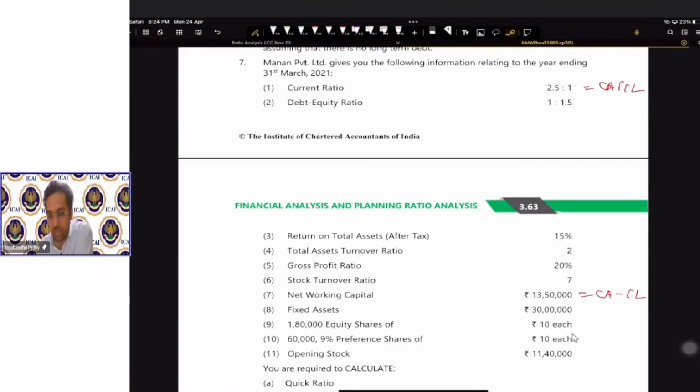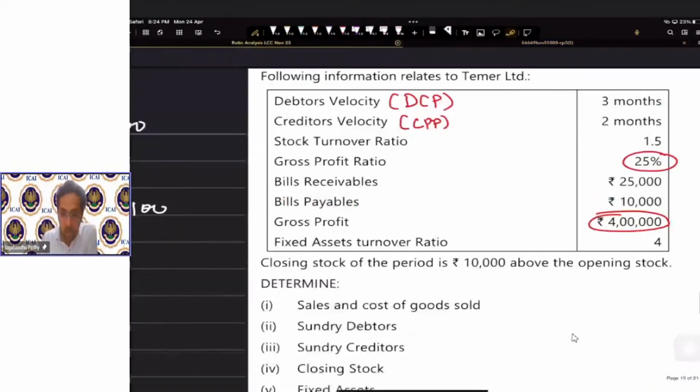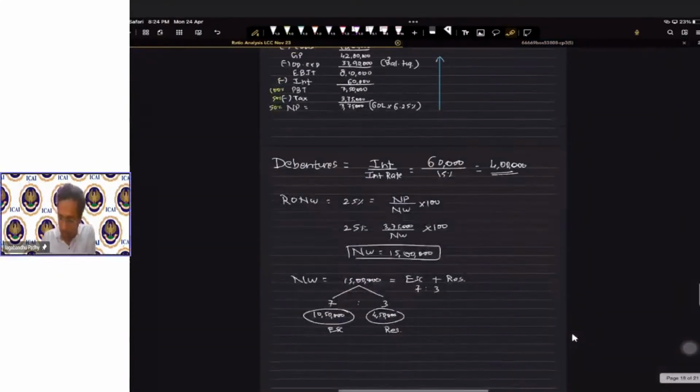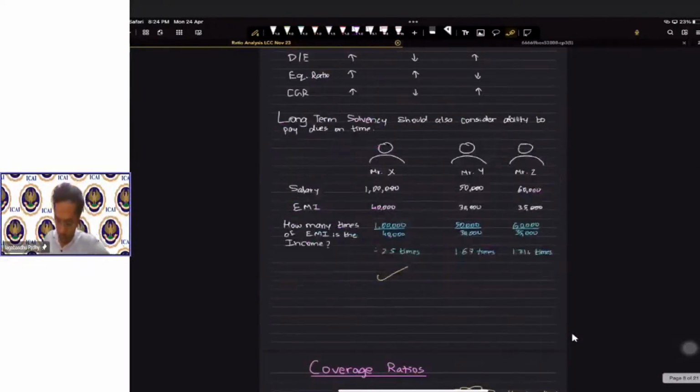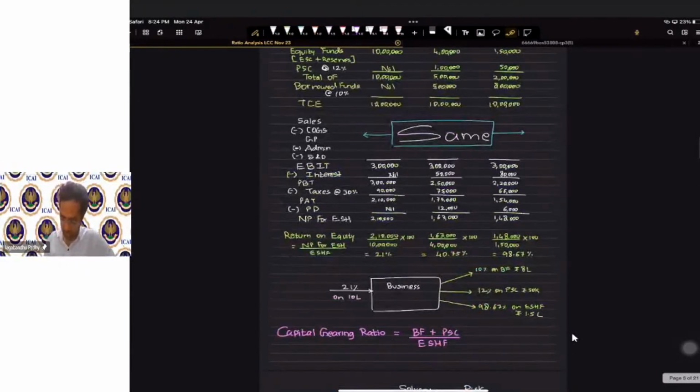Himanshu is asking, the concept of capital gearing is clear, but how does the formula depict the capital gearing? Well, Himanshu, capital gearing is like risky funds upon non-risky funds. Look at this.